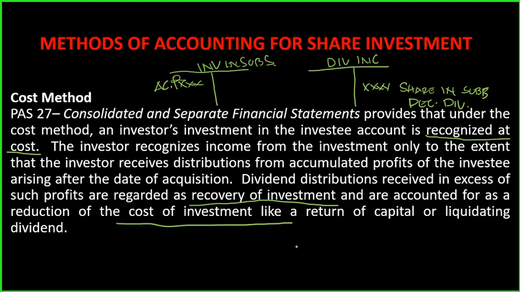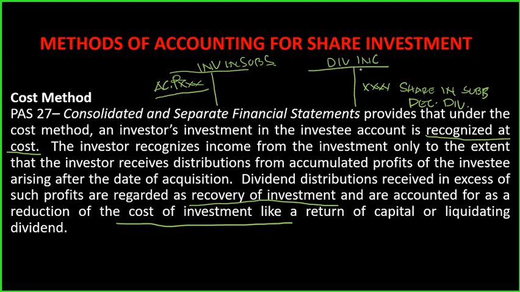So what is the meaning of that? Let's review this first. Under the cost method, your investment in subsidiary will have a perpetual balance. What is the balance? The acquisition cost, because it is accounted for at cost. So if this is acquired at, let's say, 1 million at the date of acquisition, subsequent to date of acquisition, this will always be 1 million.